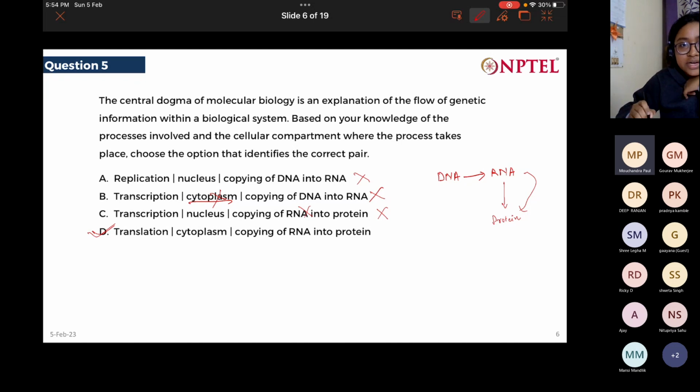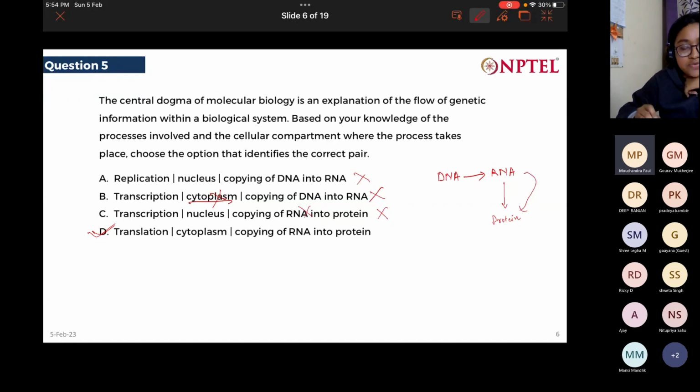So based on this understanding, we have to select which one of these is the correct option, okay. So where the process happens, like where the replication happens, where the transcription happens. We know replication and transcription happen in the nucleus, all right.